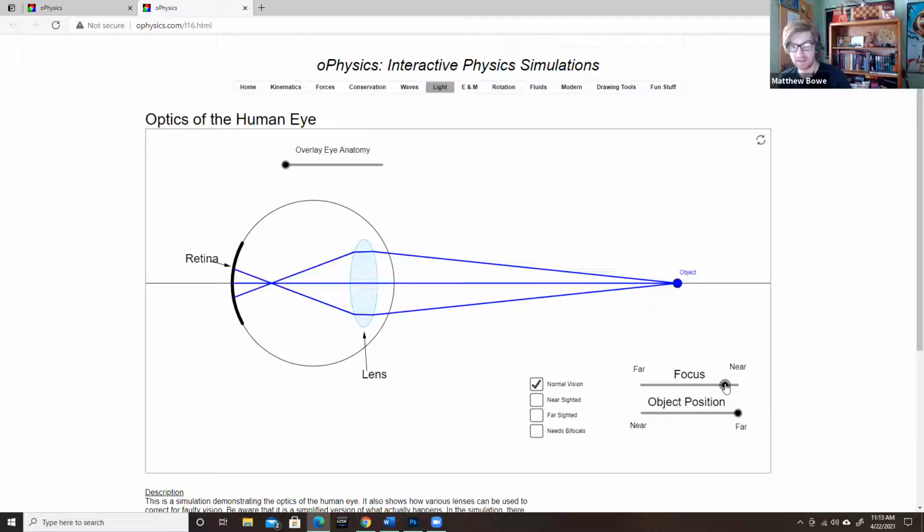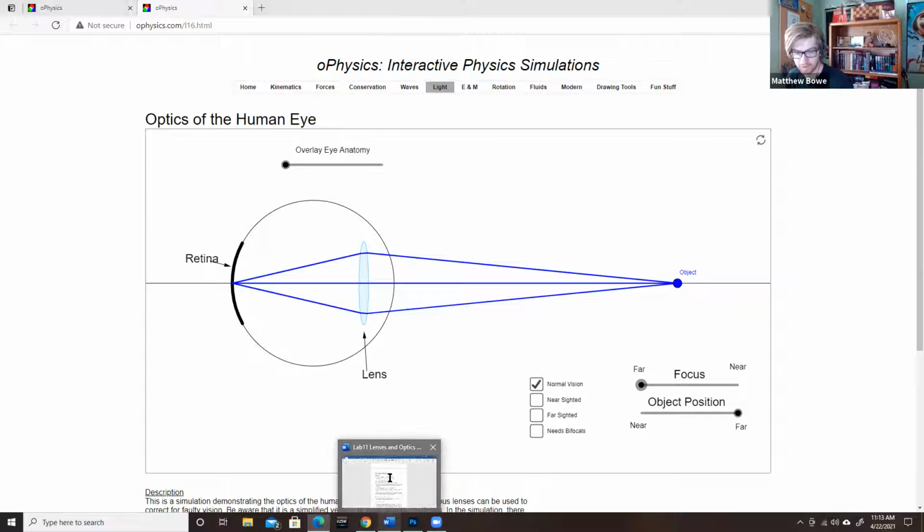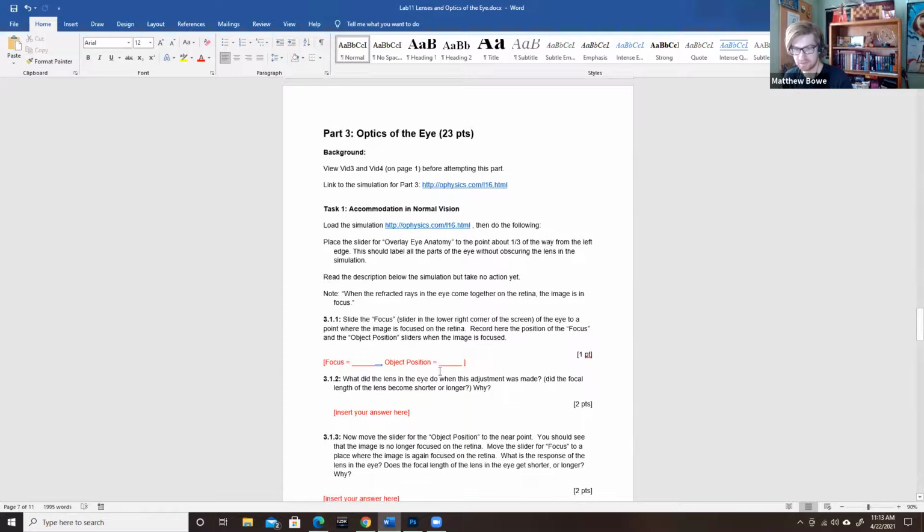So I would say this dot is in focus when, let's go right about there. So now this object is in focus for this eye. You're going to learn all about that. These questions walk you through that.